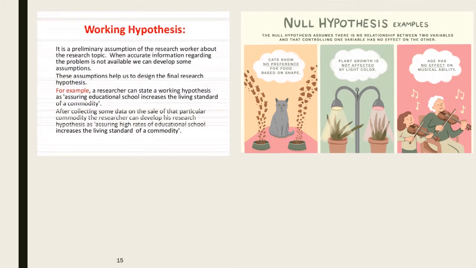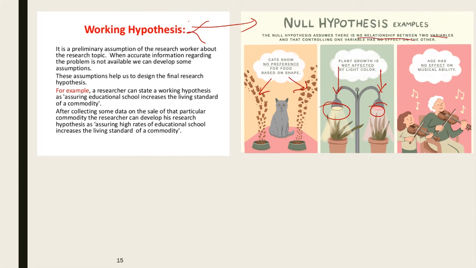In this case, the cat shows no preference for food based on shape, whether it is in the shape of a fish or a triangular shape. Then the second hypothesis, plant growth is not affected by the light color. The null hypothesis assumes that there is no relationship between two variables and that controlling one variable has no effect on the other. For example, age has no effect on musical ability. Okay, so then that hypothesis stands null.